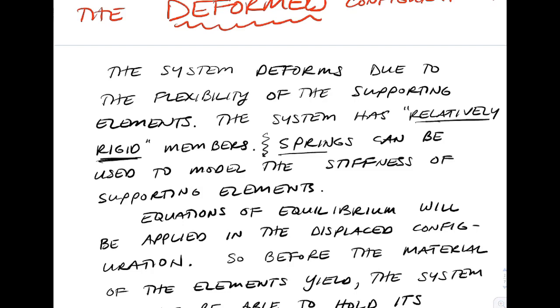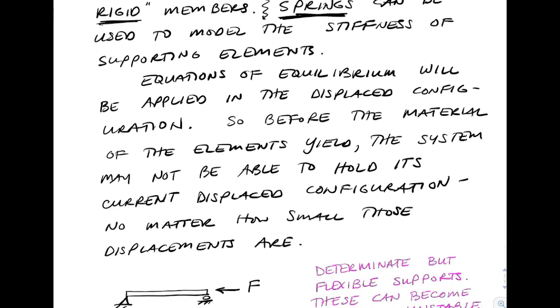So what we're going to do is use springs to model the stiffness of the supporting elements. Those springs are going to come in two different forms, translational springs and rotational springs. We are going to apply equations of equilibrium in the displaced configuration. We're going to do a method called perturbation, or we are going to perturb the system.